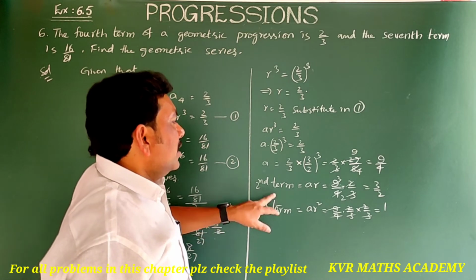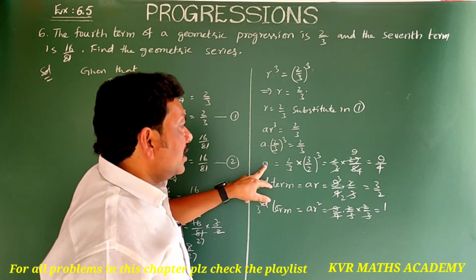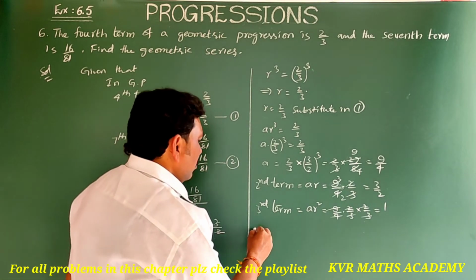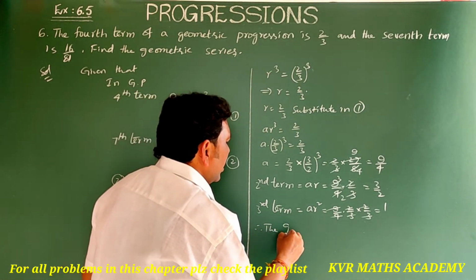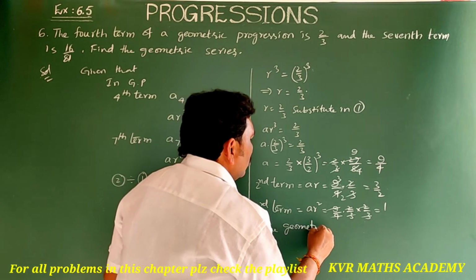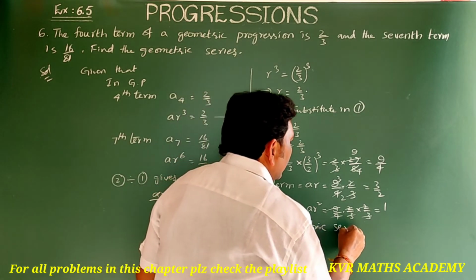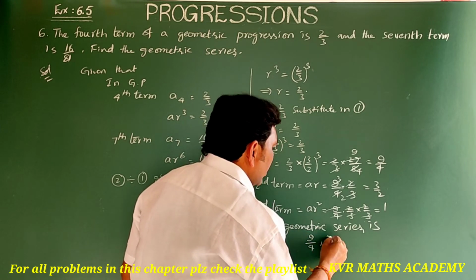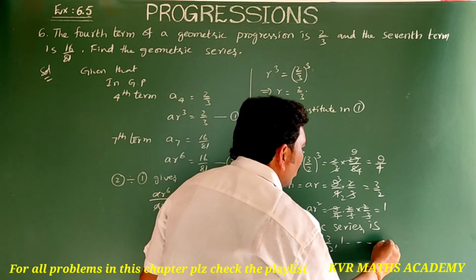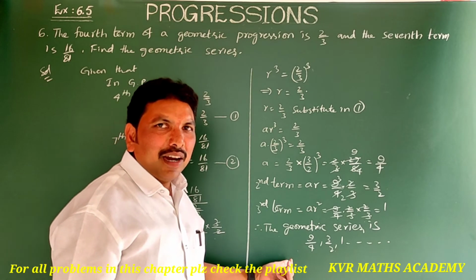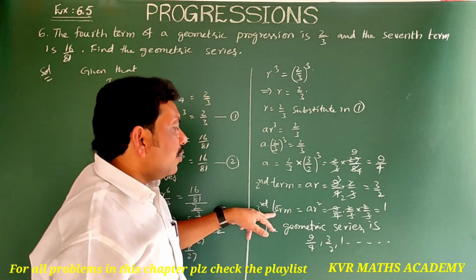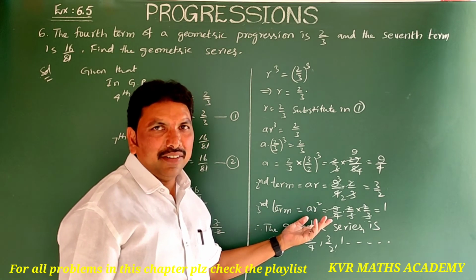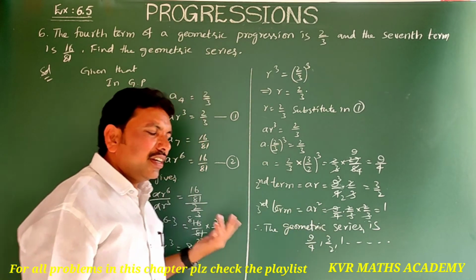So the geometric series is 9 by 4, 3 by 2, 1 and so on. Understood clearly? Yes, if you want the fourth term, ar cube. Fifth term is ar power 4, like that we should find. Understood clearly? Yes, write it down.